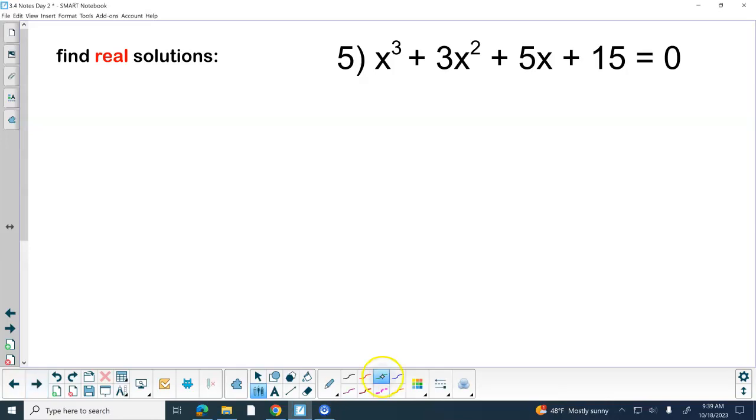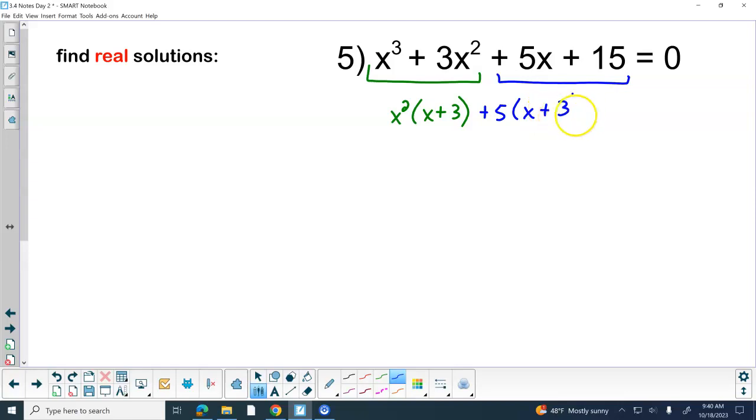4 terms, got to GCF the first half. So that's going to be an x squared. And that's going to leave me with an x plus 3. GCF the second half. That's going to be a 5. And that's going to leave me with an x plus 3.